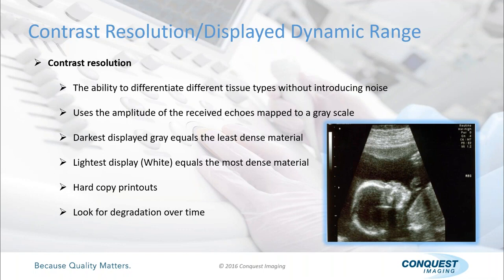And then on Monday, the normal technologists will come in and they're used to one grayscale, and somebody changed it to a completely different one, and they start complaining about image quality. So be careful of that if you have different sonographers coming in and out of the department. It's very subjective. Some like it more grainy, some like it less grainy. It's funny, but it should stay somewhat consistent over time.